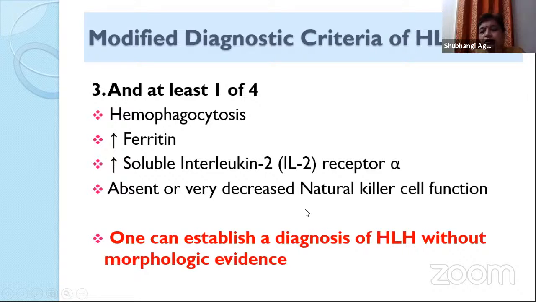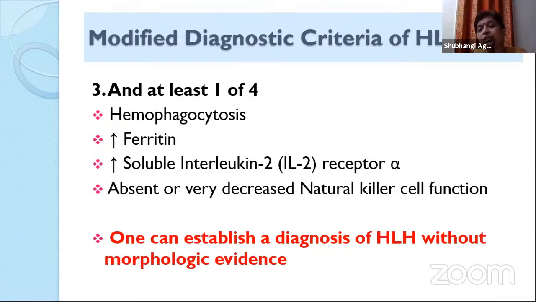Now, what is important is that you have to remember that according to these criteria, one can establish a diagnosis of HLH without morphologic evidence in the bone marrow or in the lymph node also. You have to keep that in mind, because one of the criteria is hemophagocytosis, and it may not be seen in the marrow, and the others may be present, and at that time you can diagnose the case as HLH.